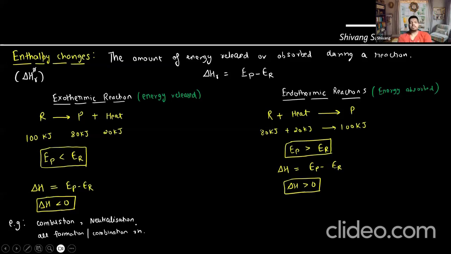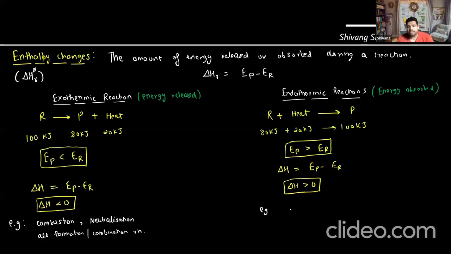Neutralization is when an acid is reacting with a base. That reaction is also exothermic. All formation or combination, that means where two reactants are joining together to form a single product, that is also exothermic. Okay. There's one reaction, N2 plus O2, when they react, that's not exothermic. Otherwise, almost all of those formation or combination reactions are exothermic.